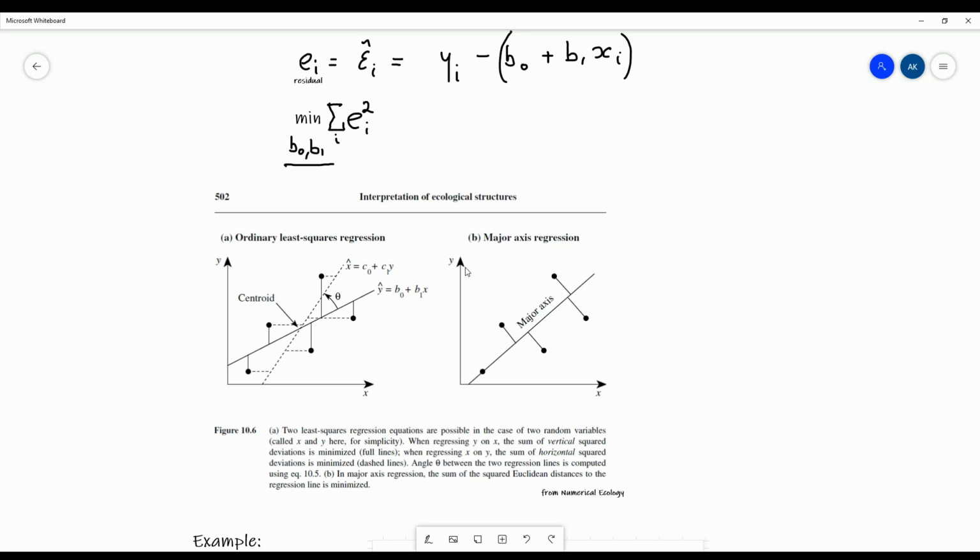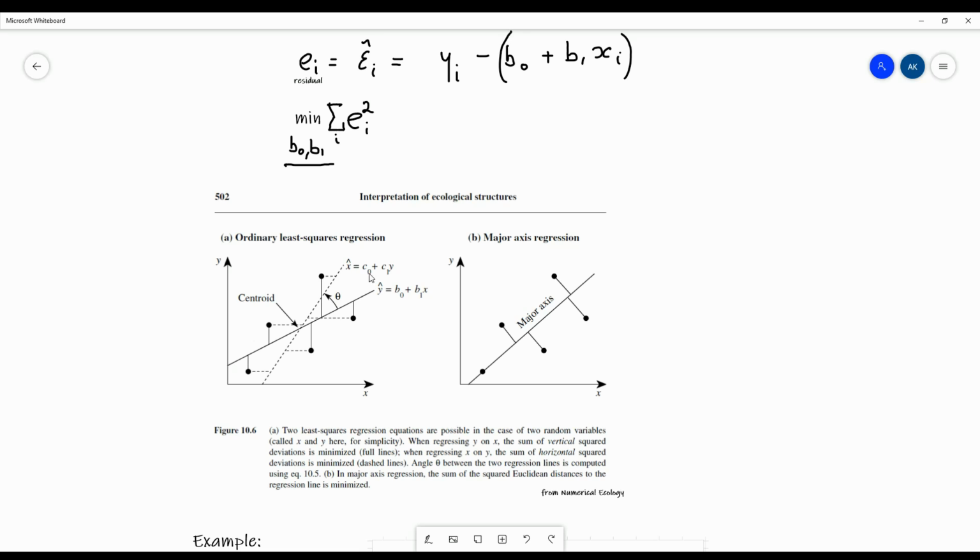These would be different regression lines that are minimizing different quantities. And I wouldn't say that type 2 or major axis regression is better than ordinary least squares. It's not like that. It's just a different application.